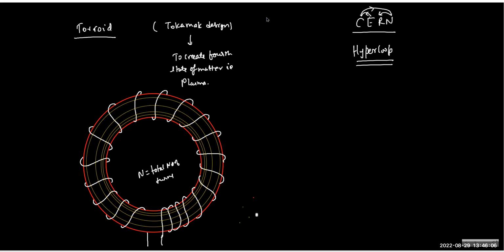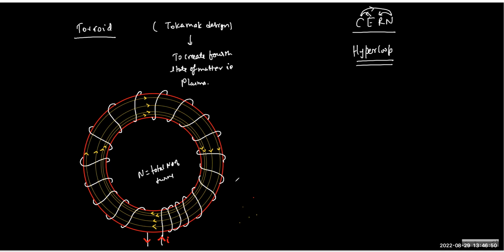So assuming the direction of current is this way, if the current is entering this way, the field lines will be like this. And if this is the direction of field lines, like this.